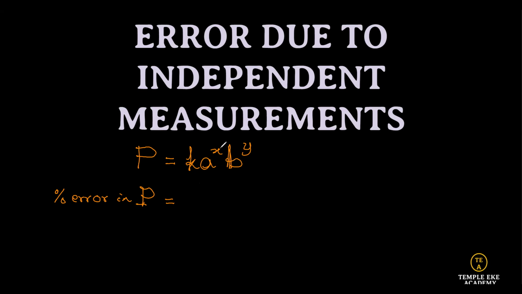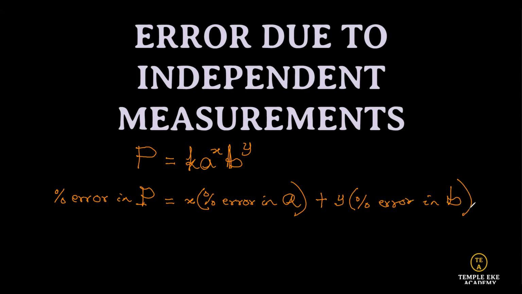But now the constant values X and Y are associated with the measurements of A and B. So we can show that we have X multiplied by the percentage error in A, and we add this to Y multiplying the percentage error in B. Now this expression is very useful when we want to estimate quickly the percentage error due to independent measurements.